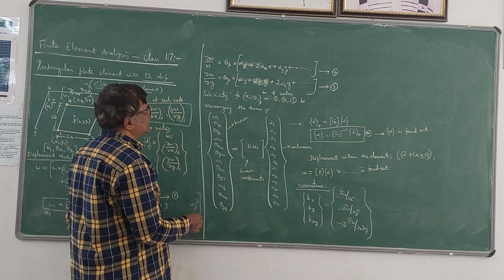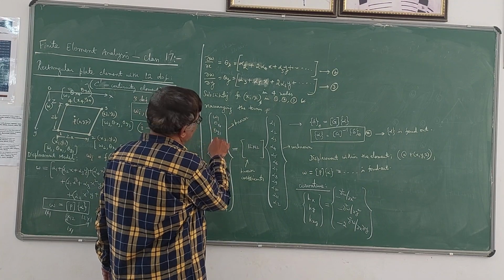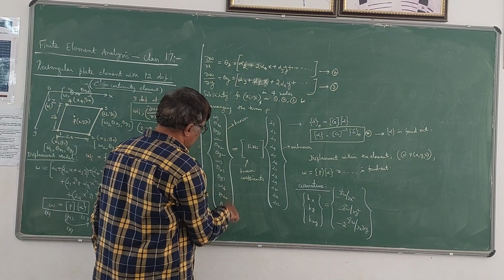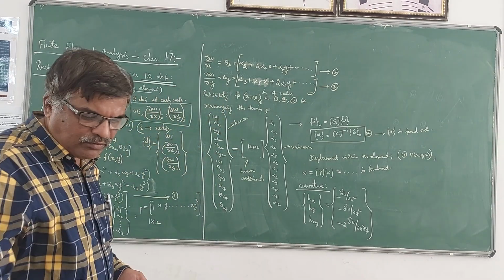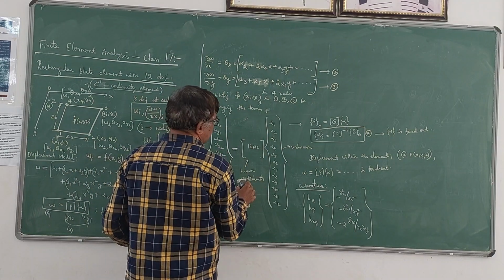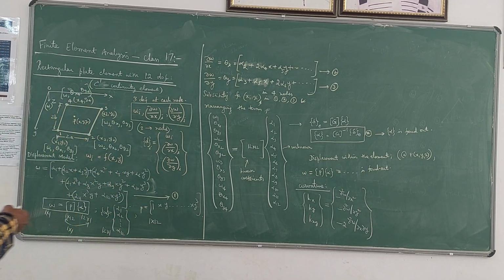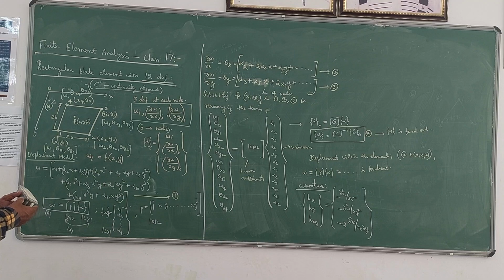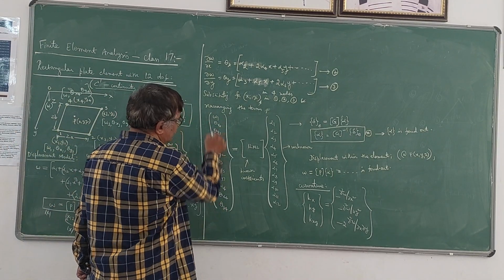After substituting all these things, you can write it in matrix form. Once you get these values w1, theta x1 and so on, you can write this as a column vector like this.